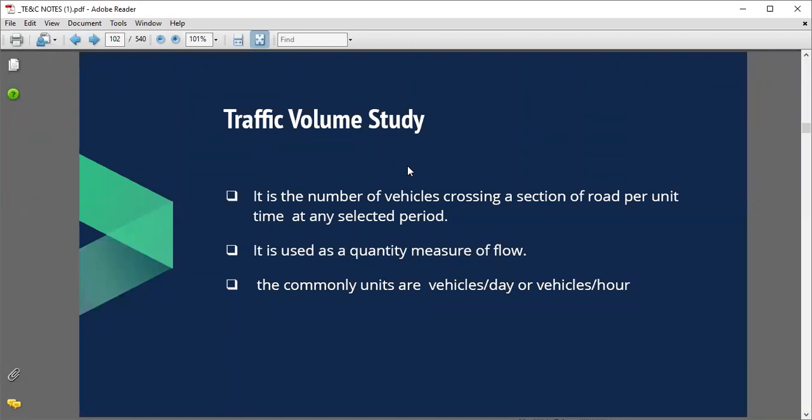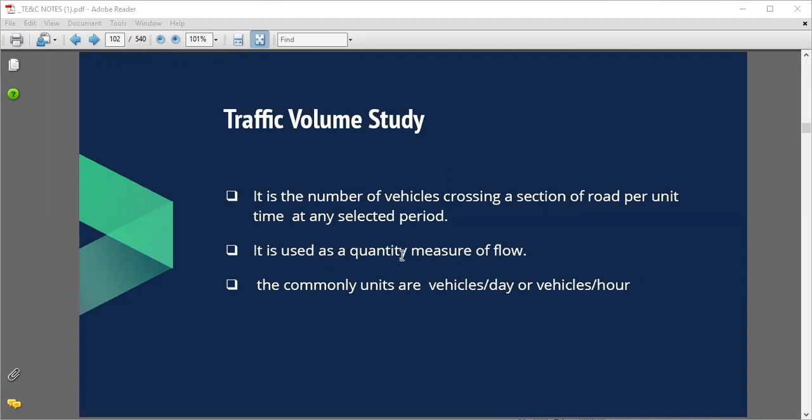Automatically whatever the number is, that number indicates the traffic volume. Second, it is used as a quantity measure of flow. From this we can understand what type of traffic flow there is. It is mixed traffic, or only big vehicles are moving. That also we can understand from the traffic volume.